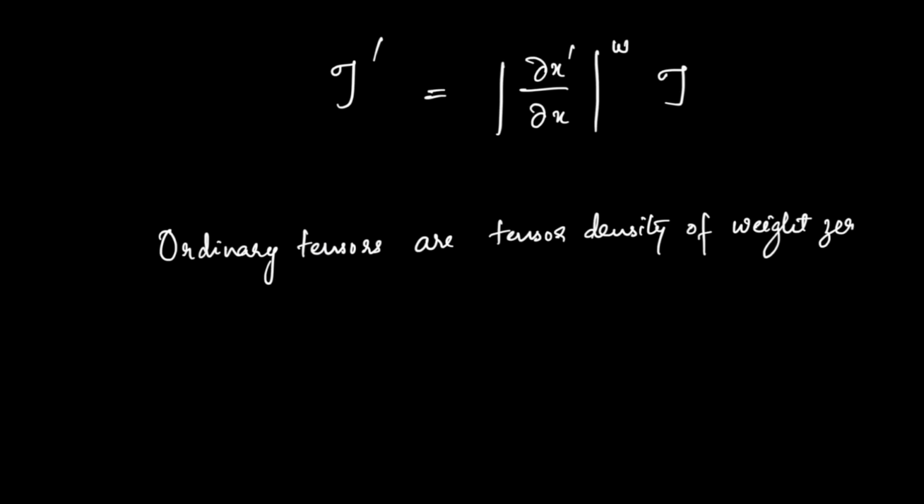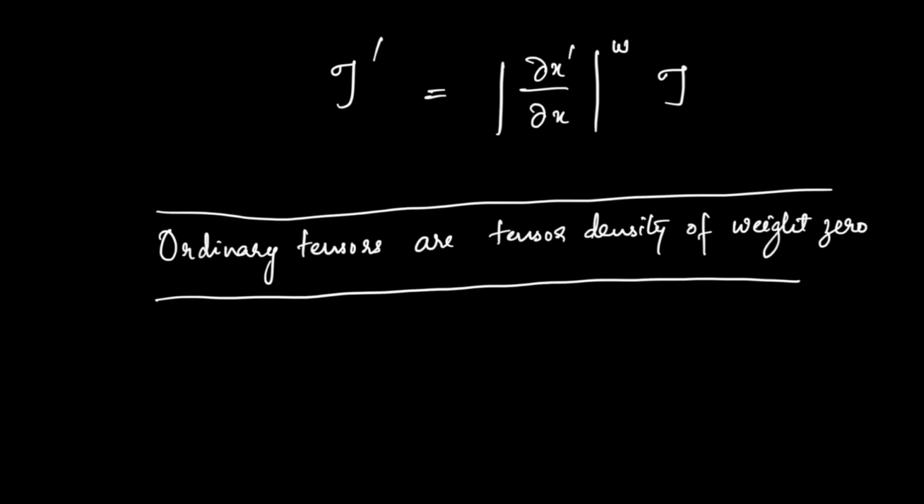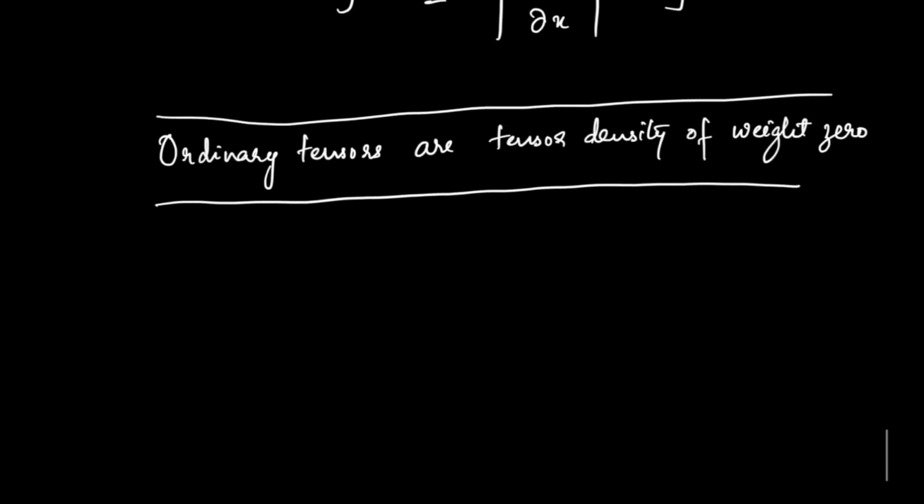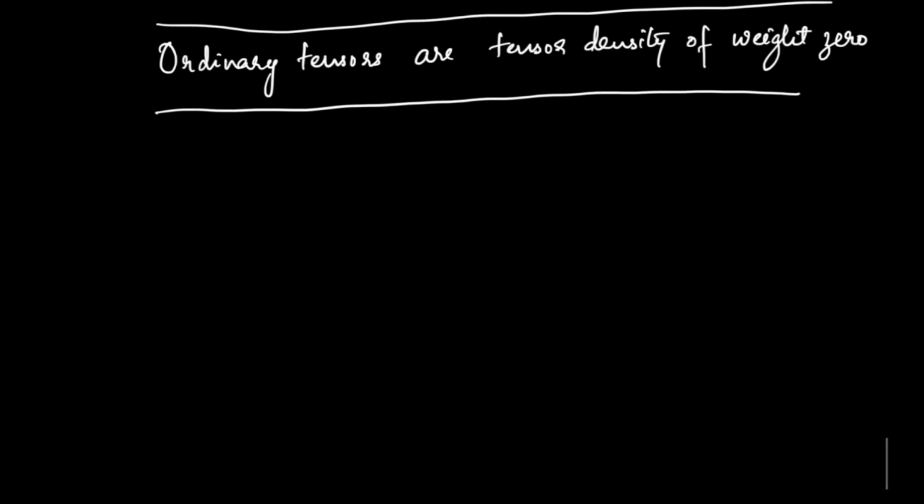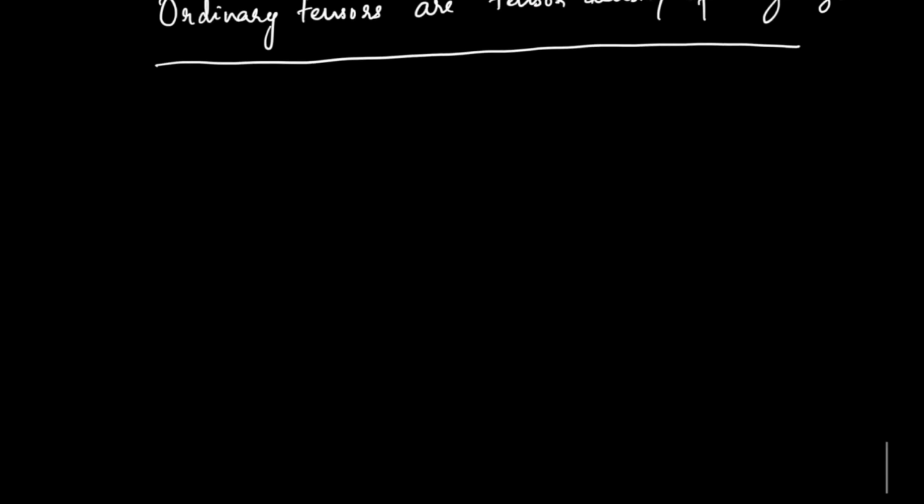If the weight goes to 0, then the tensor density will become an ordinary tensor. So tensors are a subclass of a much more general class of quantities known as tensor densities, represented by the Jacobian raised to a weight 0. Okay, now we will consider an example of a scalar density.